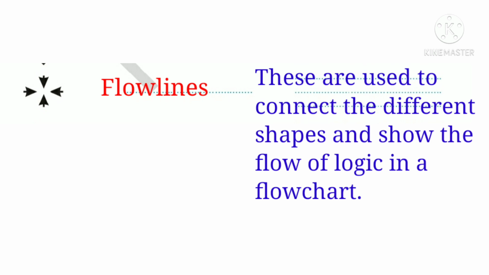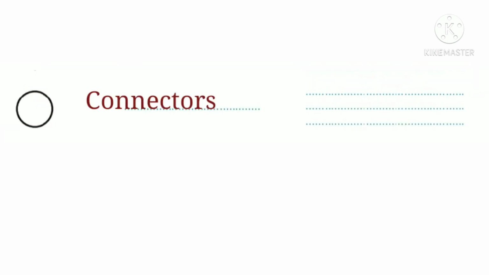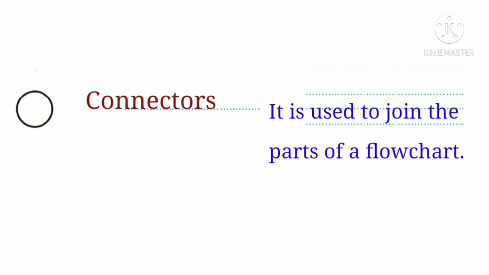Now flow lines, these are used to connect the different shapes and show the flow of logic in a flowchart. Now circle connectors, it is used to join the parts of a flowchart.